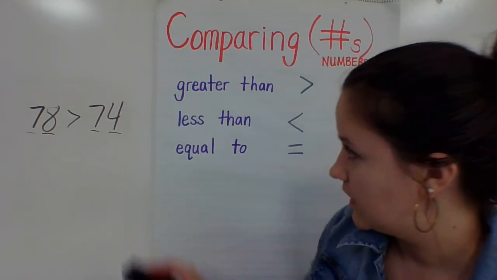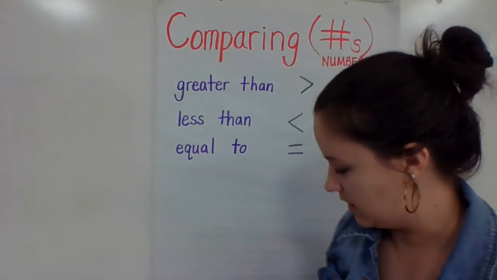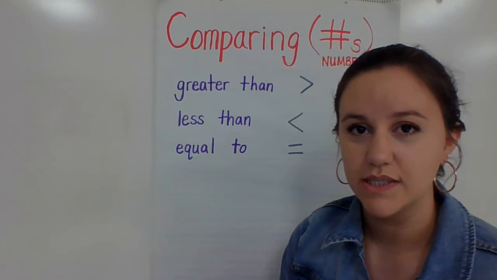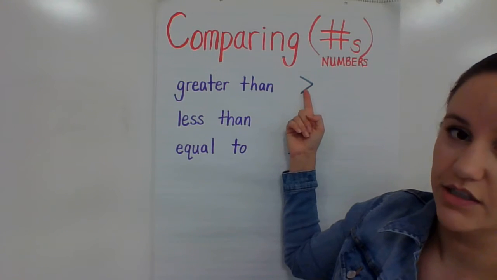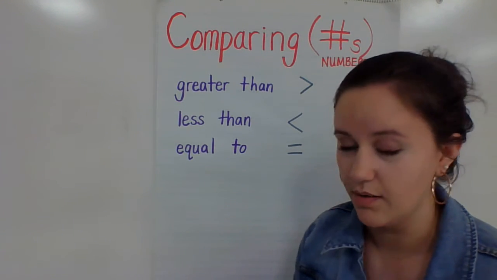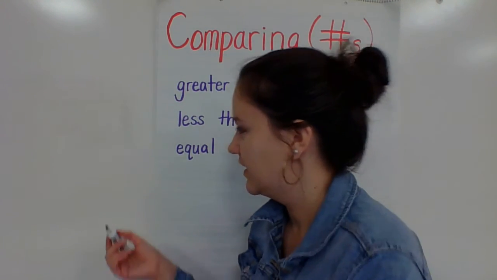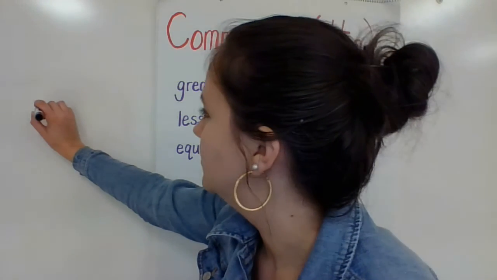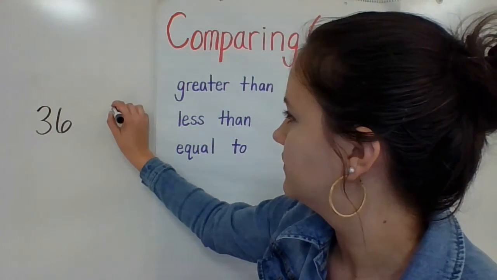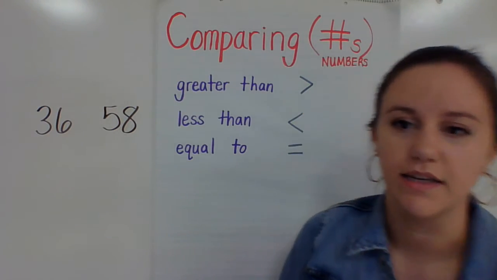All right. So I'm going to put a set of numbers up here. I'm going to give you a second to decide, is it greater than, less than, or equal to? And then I will draw the symbol and you can see if you got it right. So if I do these two numbers, 36 and 58.